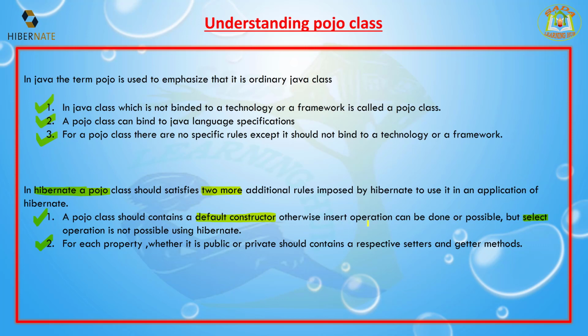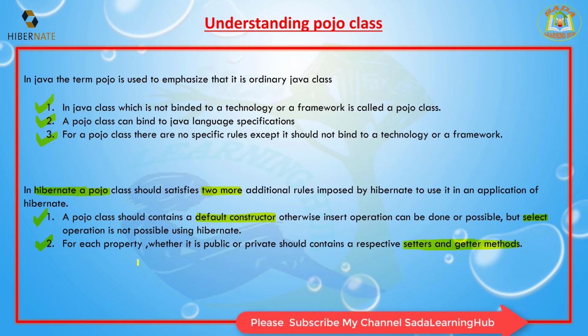Insert is working fine, but the select operation is not working fine. And the next one is we need to put setters and getters into your POJO class for the respective properties.